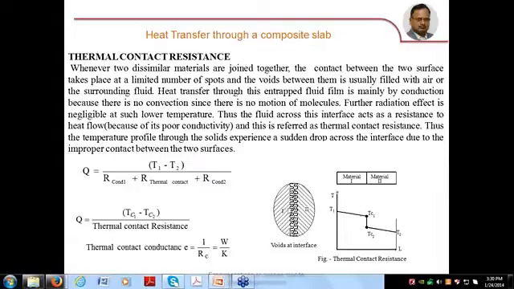And the thickness of this gap between material 1 and material 2 will be in microns, negligibly small, but still it accounts for a lot of resistance for heat transfer because of the poor conductivity of the gases. So that resistance offered at the interface of two dissimilar materials is known as thermal contact resistance.